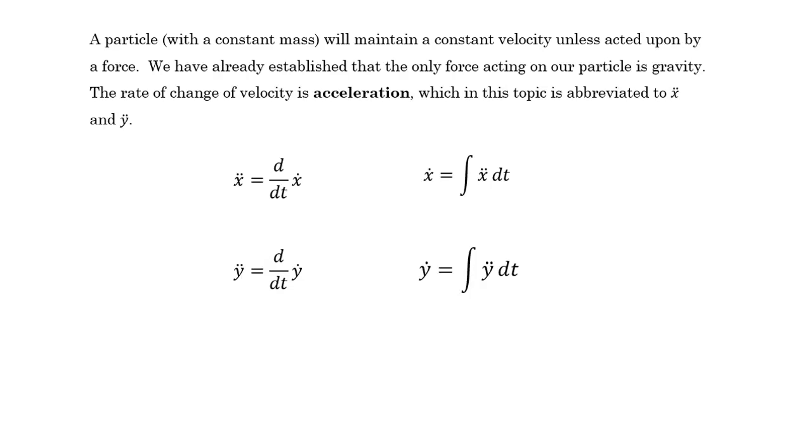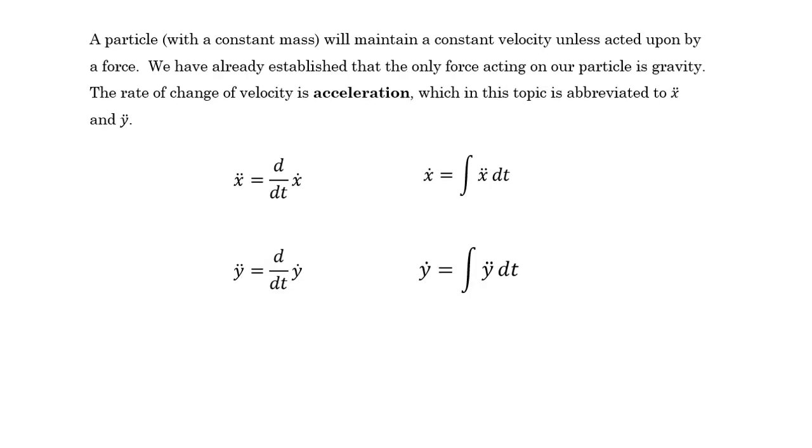But there's no horizontal force acting on our particle, which means the horizontal velocity can't change. So the horizontal velocity is a constant. The vertical velocity is changing. It's being affected by a constant force of gravity, which means that it's constantly changing, and in fact it's constantly decreasing.